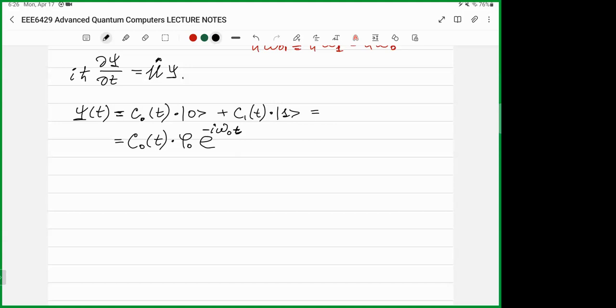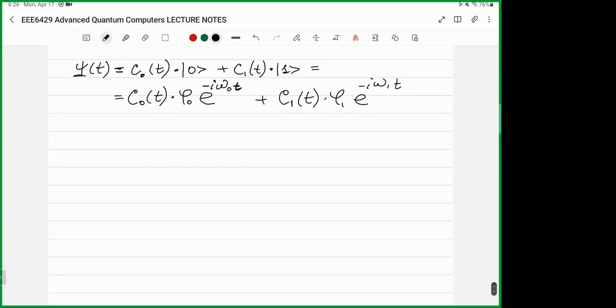So this is the first term, and of course plus the second one for state 1: the probability amplitude times phi 1 e to the power of minus i omega 1 t. So this is our general state of a qubit, and our task is to find these coefficients, that is, how these coefficients change in time when we apply an electromagnetic field of some form.